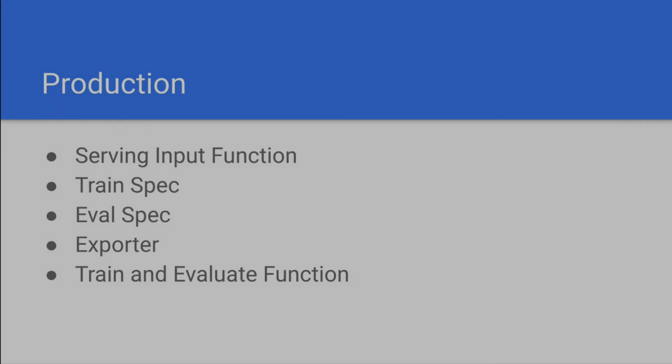You still need your input functions, but in this case, you're going to need something called a serving input function. You're also going to need a training spec and an eval spec, and you're going to need something called an exporter, and then you're going to need a train and evaluate function. So while previously we had a training step and then we had an evaluation step, these two get combined.